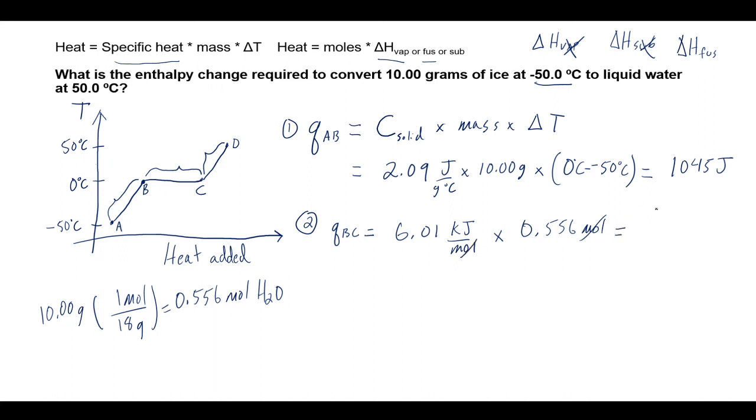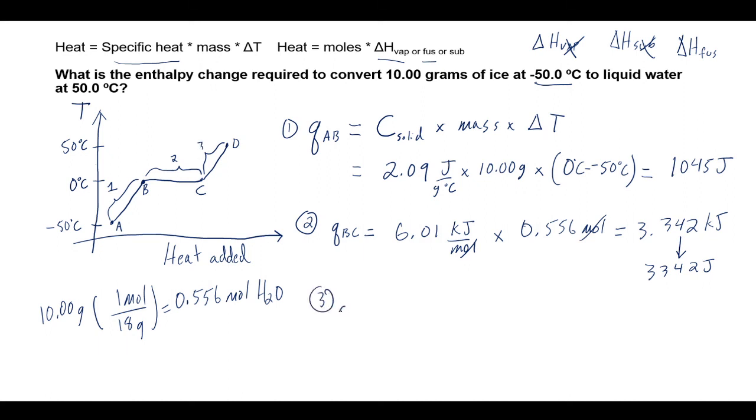Multiplying these out, I get 3.342 kilojoules, right? I'm paying attention to my units here. I started with kilojoules, I'm left with kilojoules. You could convert the kilojoules here to joules, right? Or you can do it at the end. I'm going to do it at the end here and multiply by 1,000. So I get 3342 joules. That's step 2. 1, 2, and now we're at step 3.